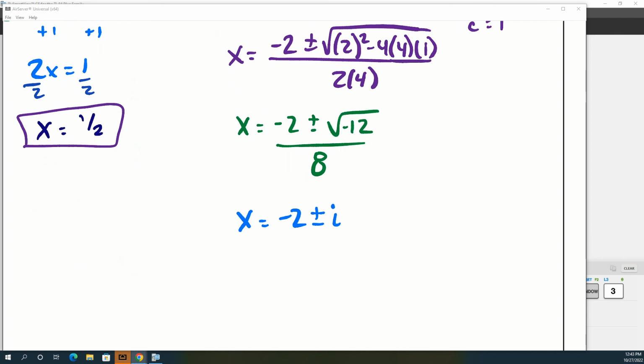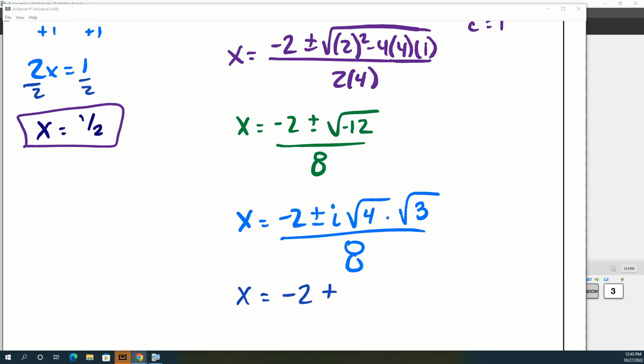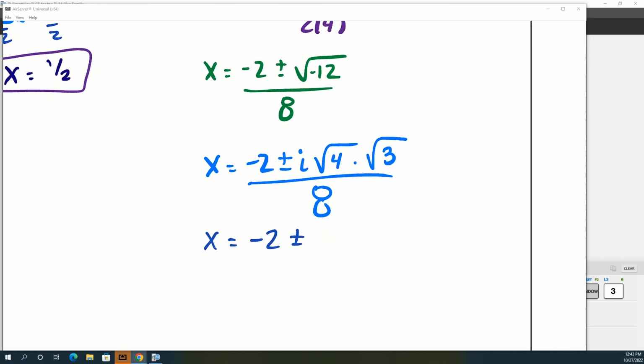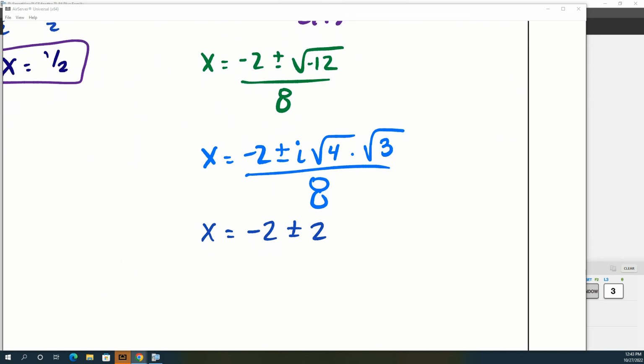So we're going to pull out an i. And every time you do this with sum and difference of cubes, there's going to be a square that goes evenly into that number. In this case it's going to be 4. All right. We'll find the square root of 4, which is just 2.